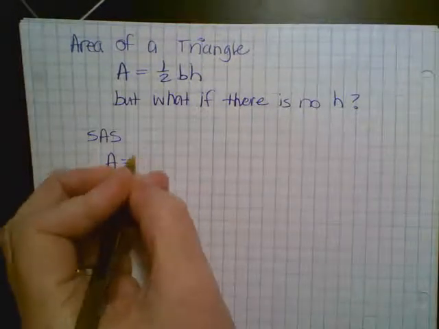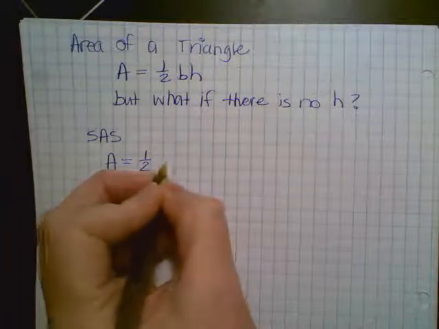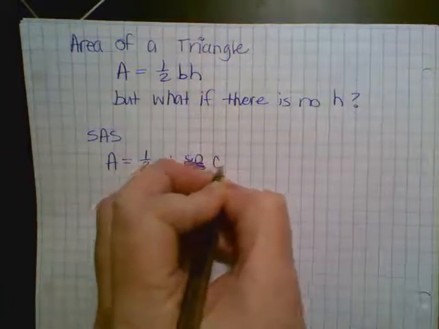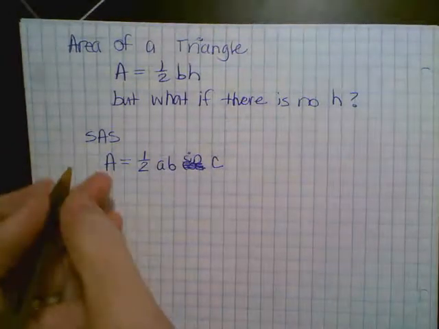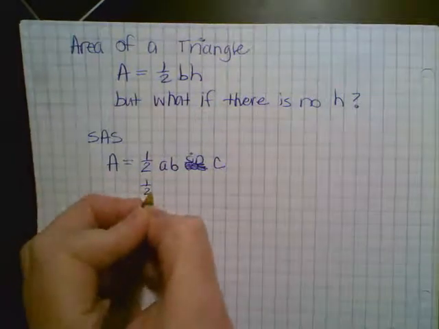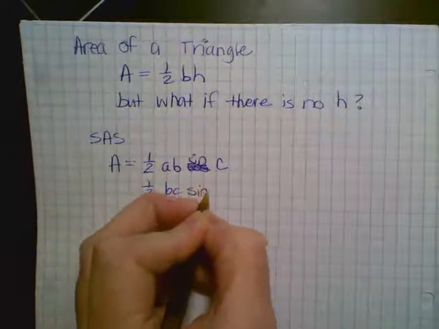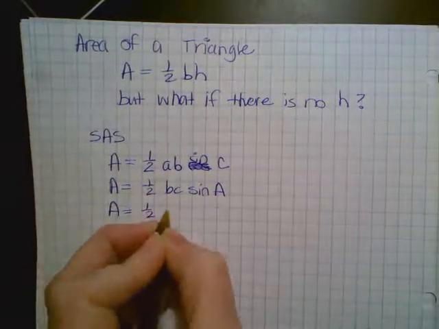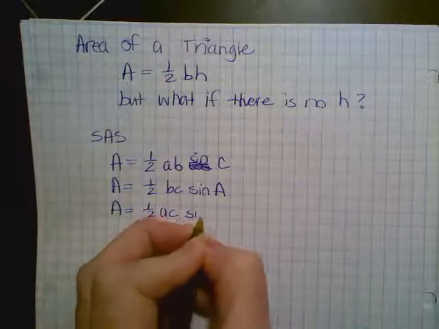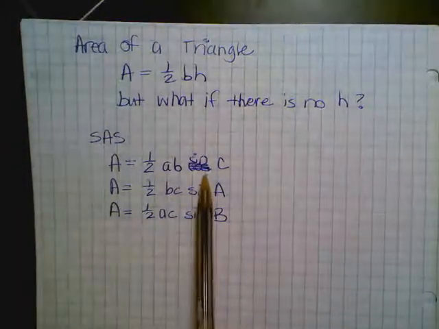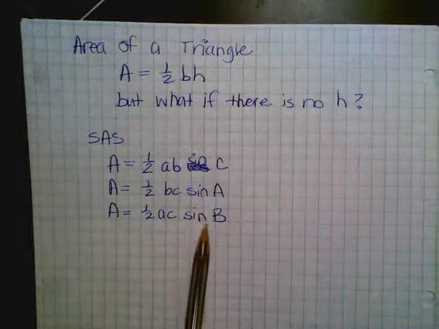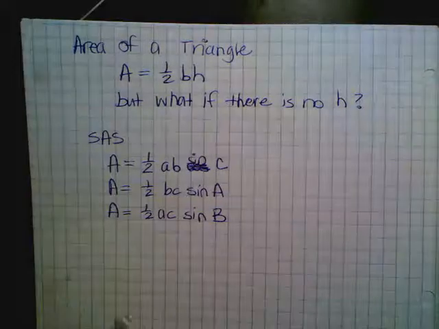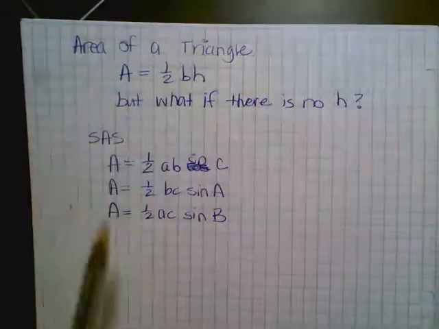Area is equal to 1/2 AB, not cosine, I do this every time, sine of C. Or any way you want to write this: 1/2 BC sine of A, or 1/2 AC sine of B. I always go back to cosine because we've just finished the law of cosines, and that's the mistake I make. So if you're given two sides and an angle, you can use that one.